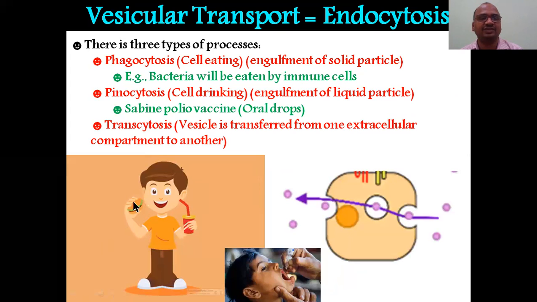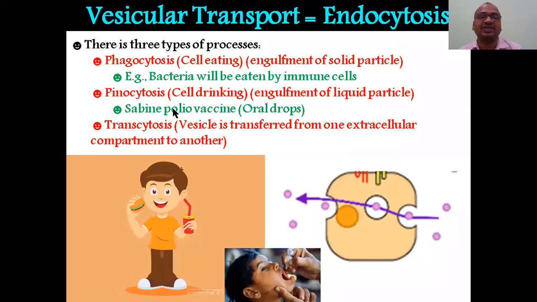This is pinocytosis. The vesicle is the same here. If this particle is a solid, then you can say it is cell eating, because we eat only solid particles, not liquid particles. So it is engulfment of a solid particle, for example bacteria. This bacteria will be engulfed by the immune system.